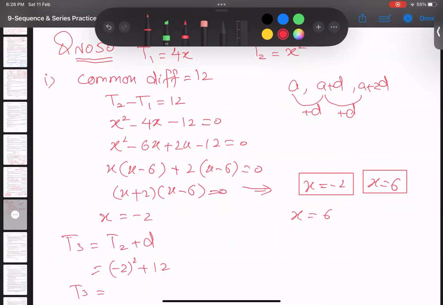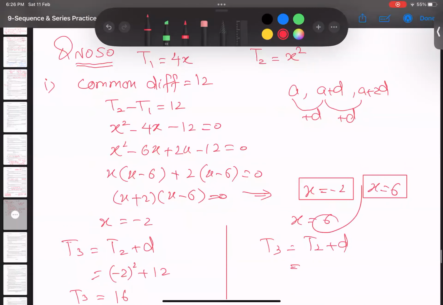T3 is 16. For the other case, third term equals second term plus common difference: the second term is 36, plus 12 gives 48.